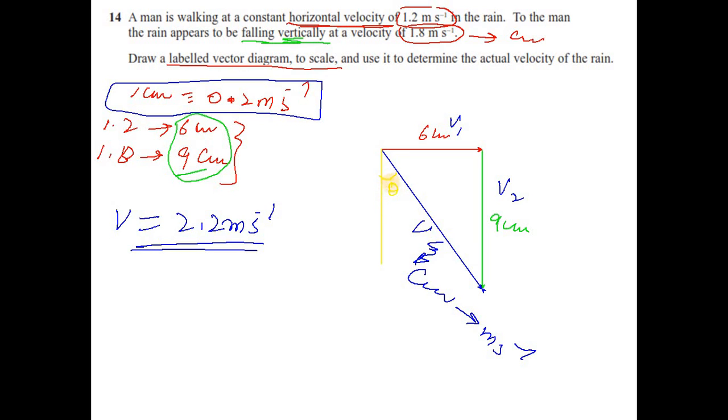Clearly this theta and this angle are the same, so I can use tangent theta, opposite over adjacent, so 6 over 9, and the angle will be equal to 33.69, round it off to 34 degrees to the vertical.